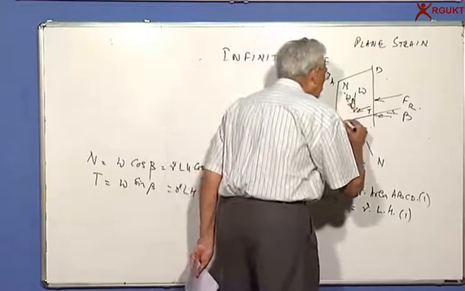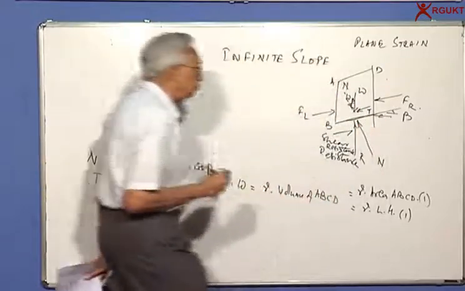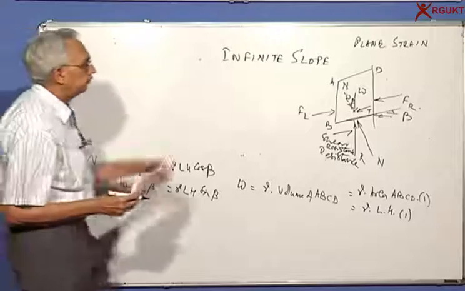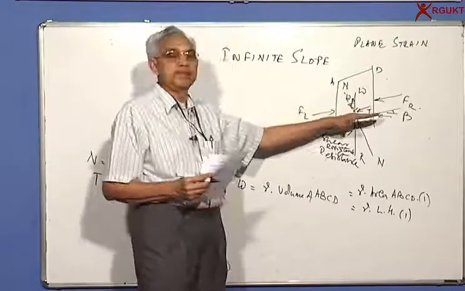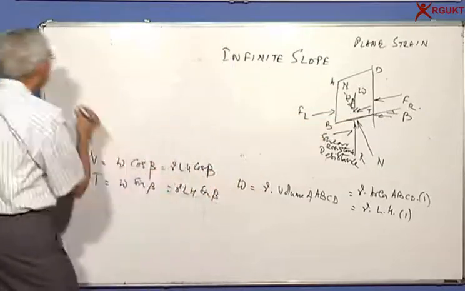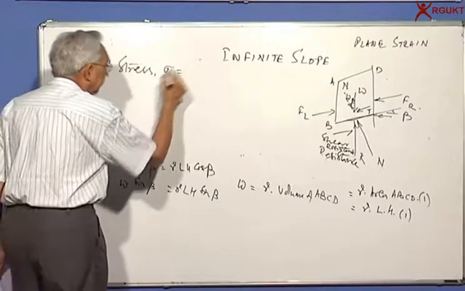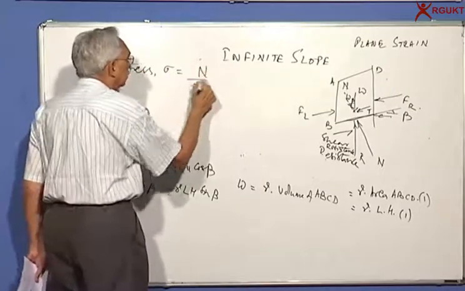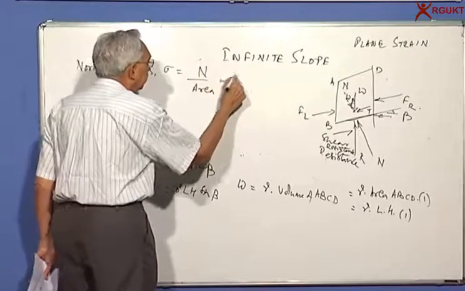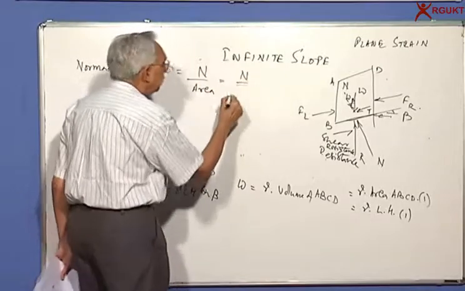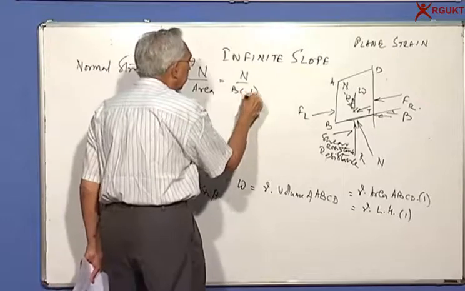Now let's look at the area of the plane BC, because this normal force is acting on this plane BC. So normal stress sigma is equal to normal force by area, which is equal to N by BC into 1.